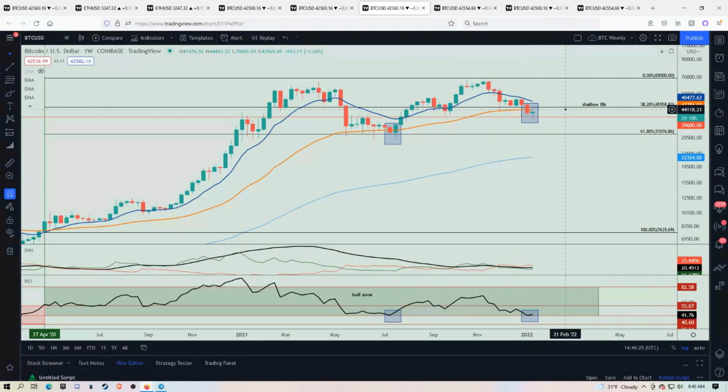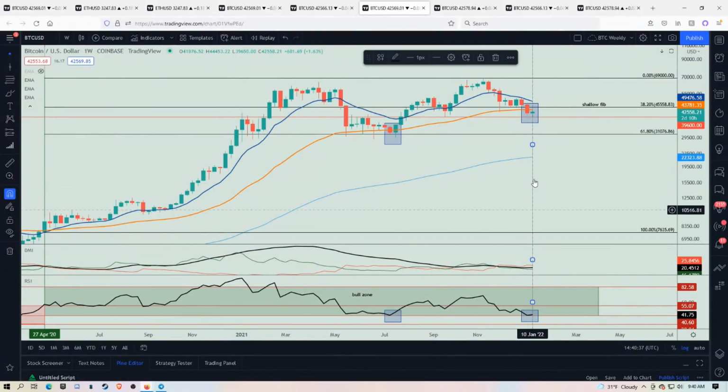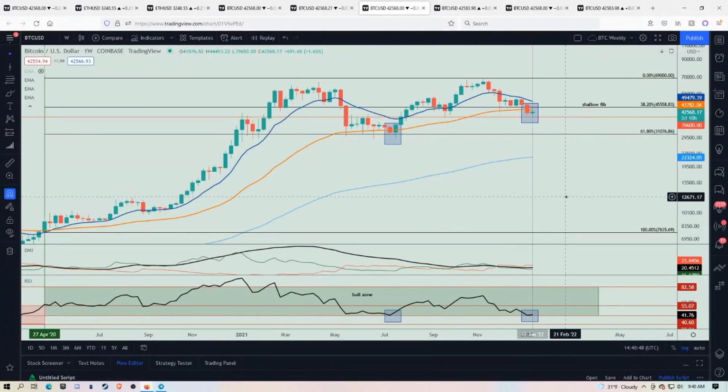Second is three established closes or settles underneath or above, depending on the direction, of the shallow fib, which is basically the previous shallow fib. So if this thing clicked into the bear zone here, it still wouldn't be a sell unless you had three settles under this shallow fib. So right now that's where I'm talking about, that liminal space.